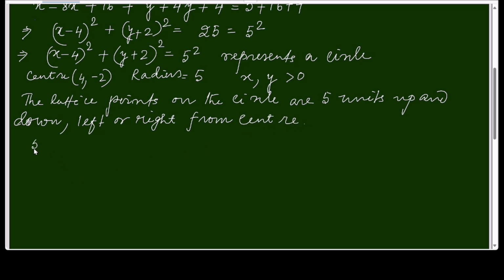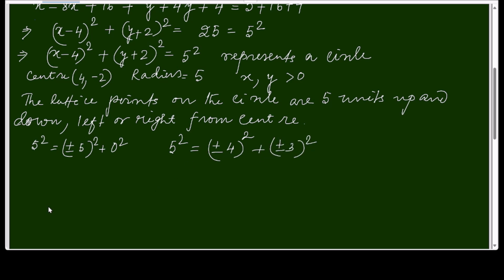So 5 square is equal to plus minus 5 square and 0 square, or 5 square equals plus minus 4 square and plus minus 3 square.